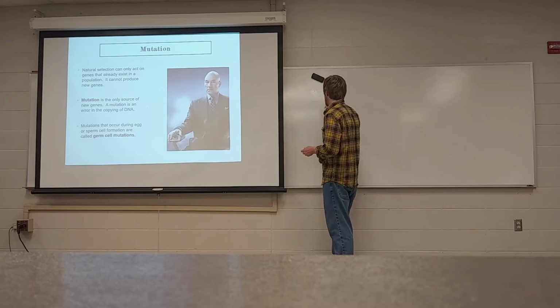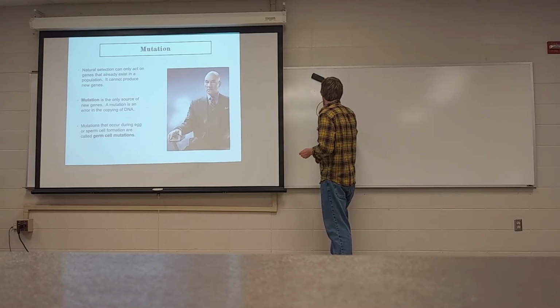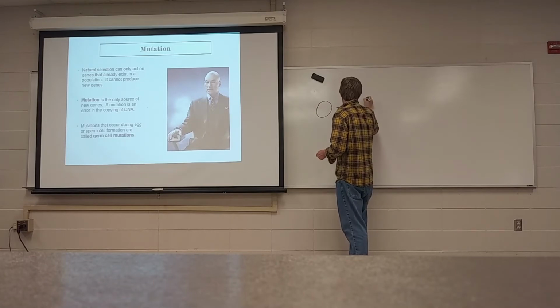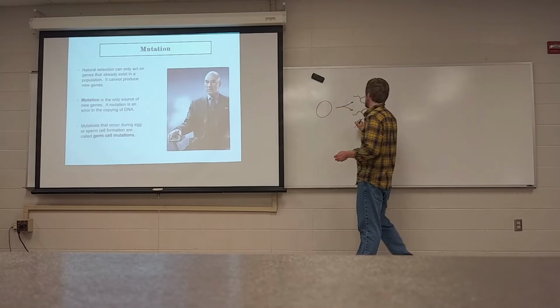But if a mutation happens during the formation of the egg or the sperm cell, it's called a germ cell mutation. So if you have body cells that ultimately are copying themselves to produce egg or sperm cells, we'll show the sperm cells here.